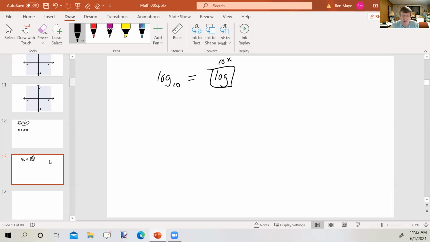Well, right near that log button, typically above or below it, there's another button that says ln, and this stands for natural log.